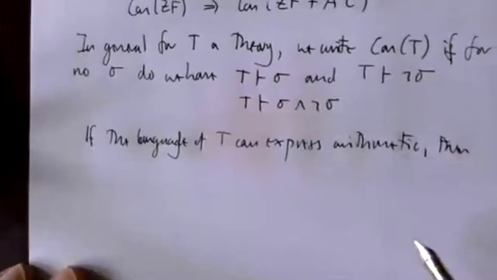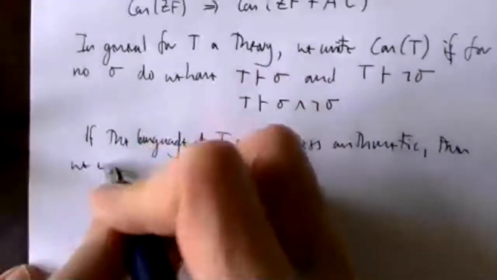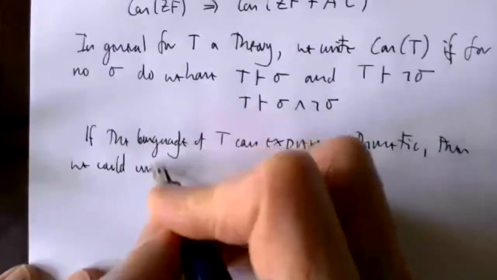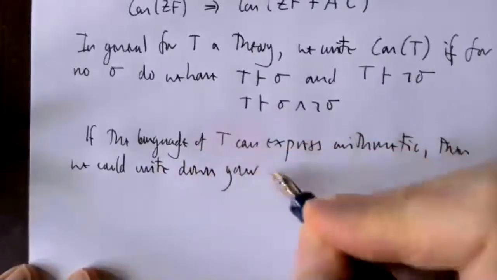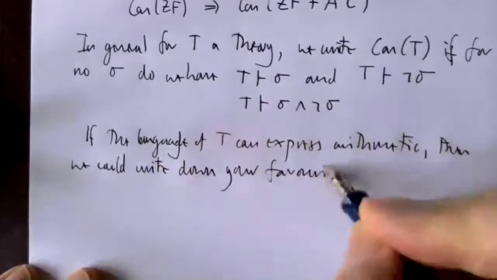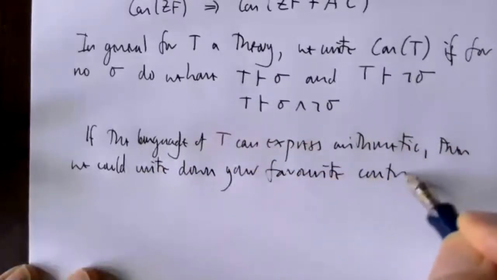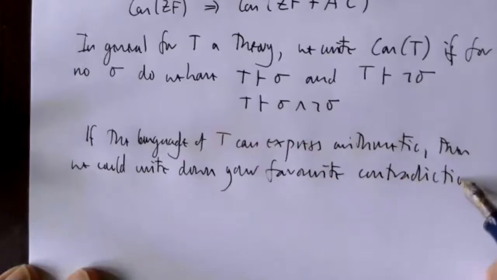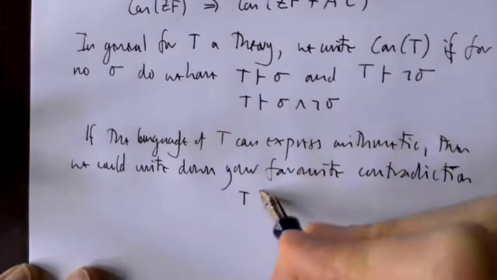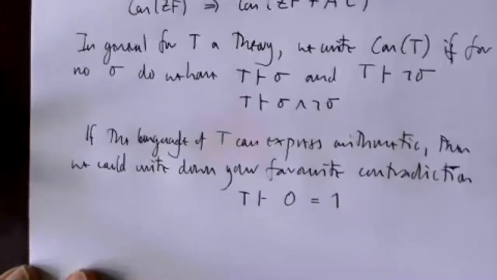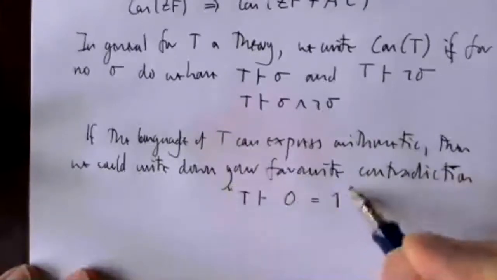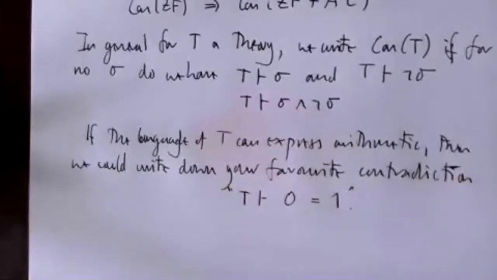Then you can write down your other favorite contradiction. So write down your favorite contradiction. Perhaps T proves naught equals 1, or some such, or 2 plus 2 equals 5. And that would also encapsulate the notion of T being inconsistent.